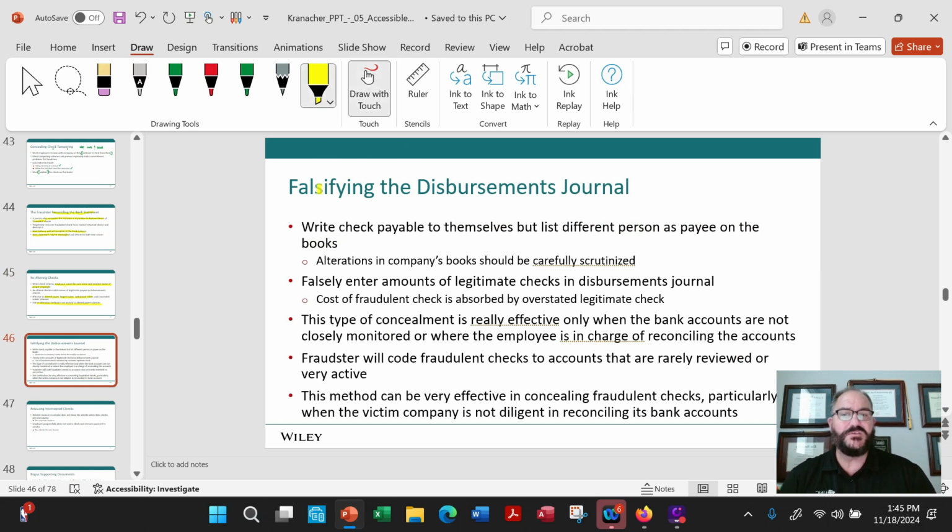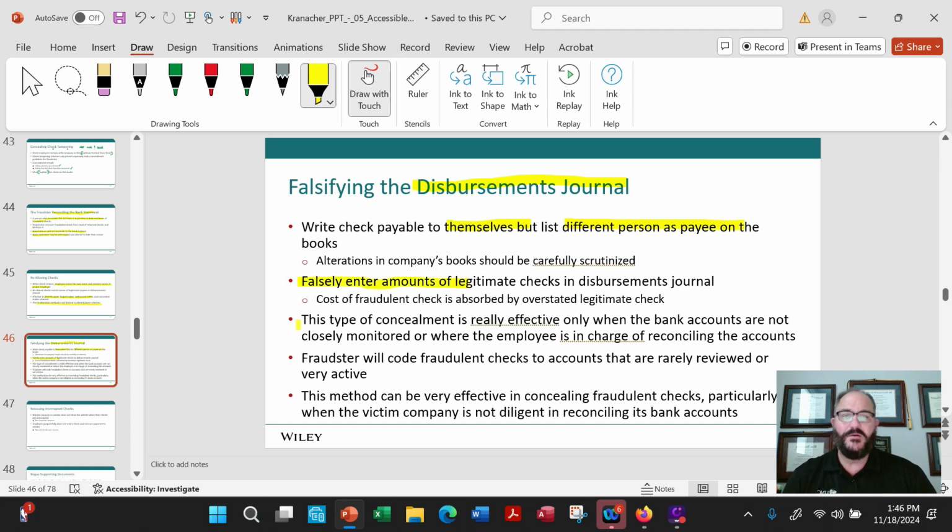One of the other things is, in accounting, we know all about the disbursements journal. So they write checks payable to themselves, but list a different person as the payee. Now, if somebody ever goes through and takes a look at these checks, and most companies don't get their checks back anymore, they used to. They can enter false amounts.